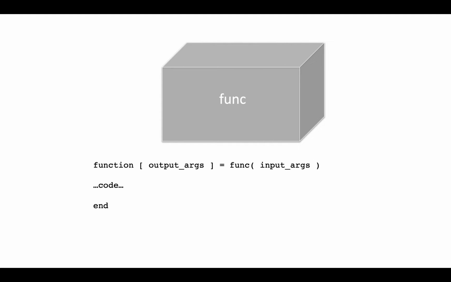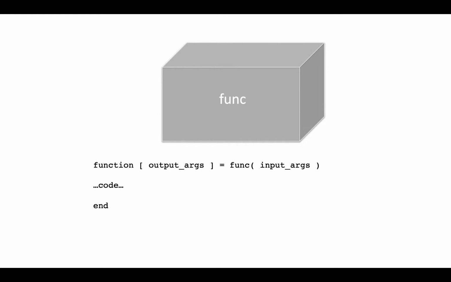In MATLAB, you can press File, New, Function, and a function will come up. It starts with function, and then you list your output arguments in square brackets. If you have more than one, they can be separated by commas. And you set that equal to func, which is what you name your function. And then your input arguments.